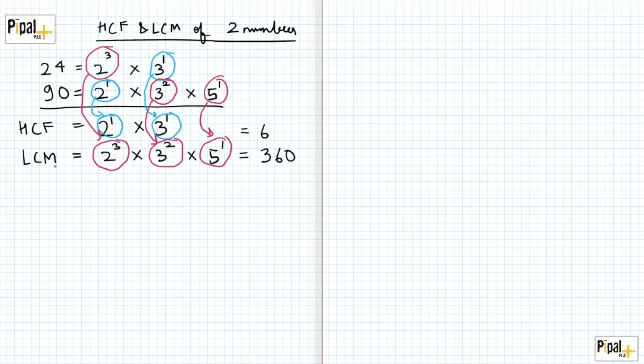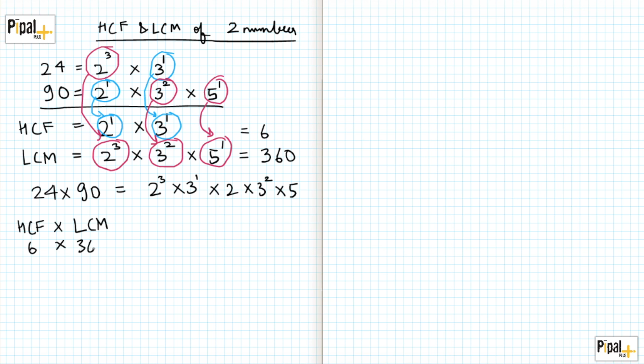So I'll just rewrite 24 into 90 here. 24 into 90 is 2 cube into 3 to the power 1, and 90 is 2 into 3 square into 5. And the HCF of 24 and 90 and the LCM of 24 and 90, which is 6 times 360, is nothing but 2 to the power 1 into 3 to the power 1 multiplied by 2 cube into 3 square into 5.